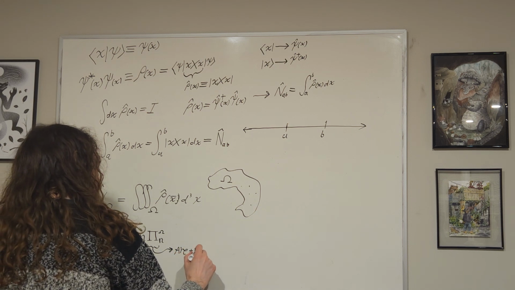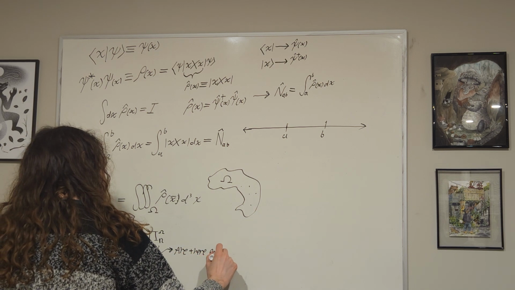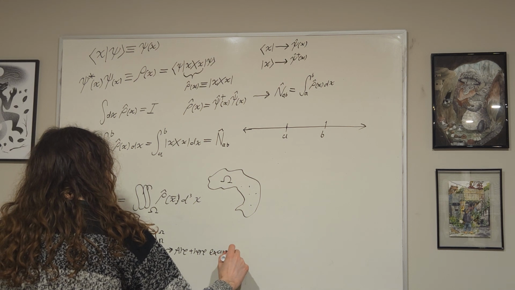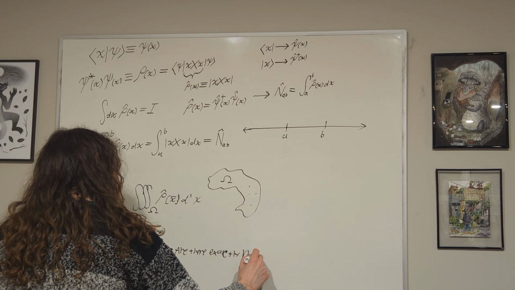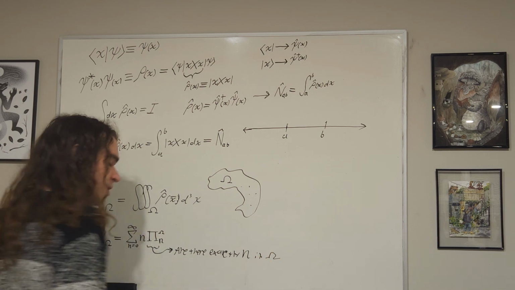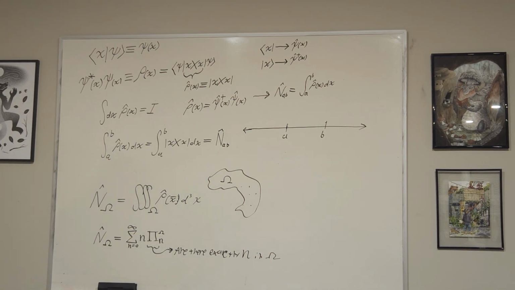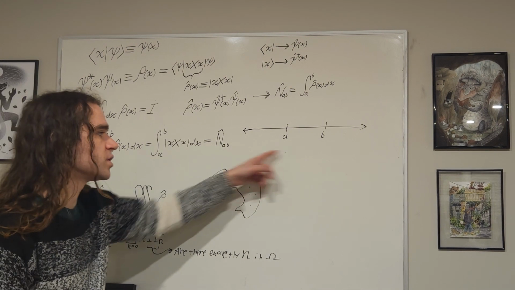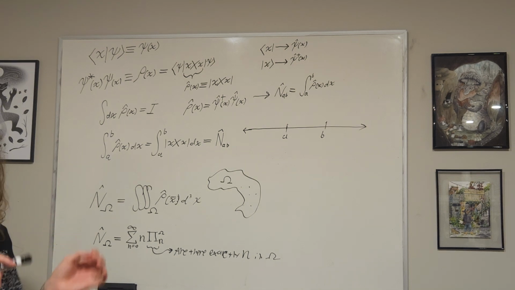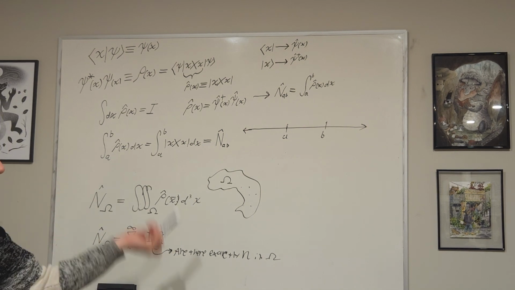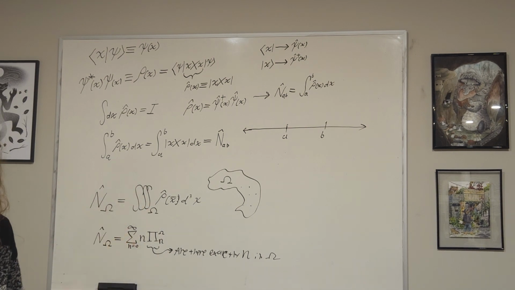Are there exactly n in omega? Are there exactly n particles in the region? So that's pretty cool. And like I said, you can do this same thing with regions even in first quantization. It's just that the number of particles that can be in there will be 0 and 1.